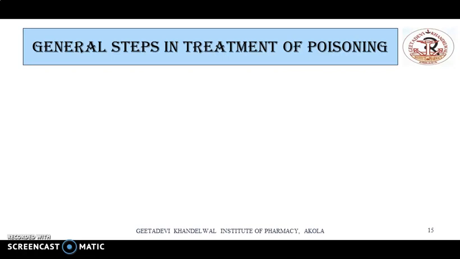So, the first step for the treatment of poisoning is to identify the cause of poison. It is very necessary that we identify the cause of poison from the parents of the patient or from the patient himself or herself.